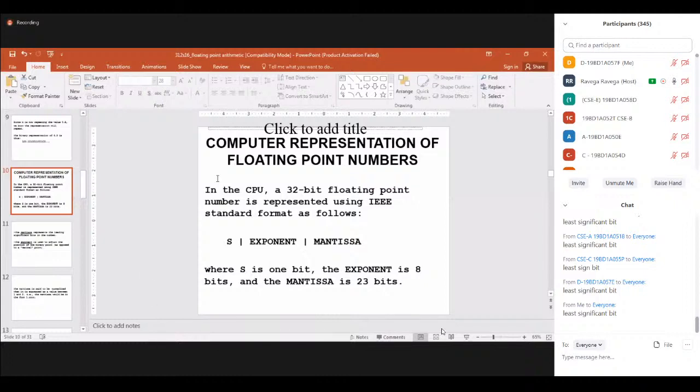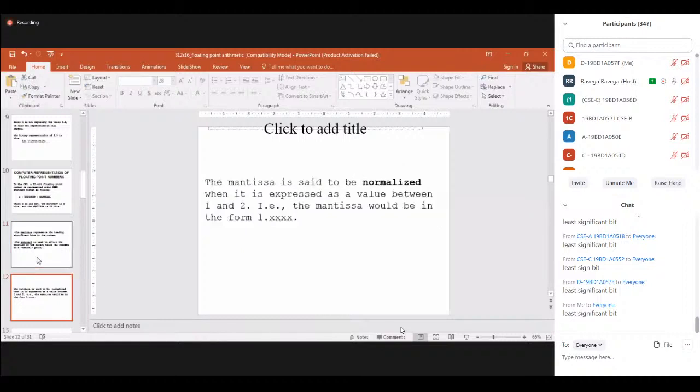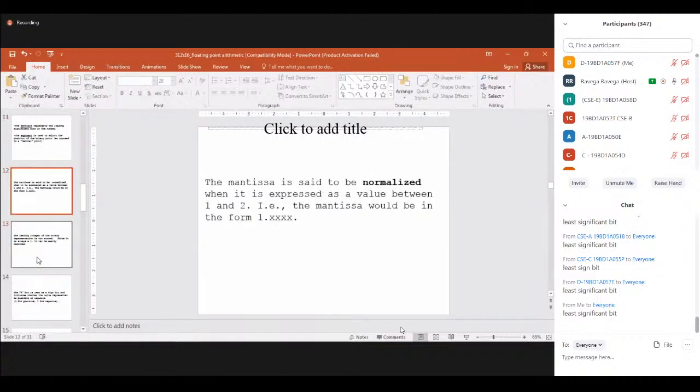S is only 1 bit in size, the exponent is 8 bits, and the mantissa is 23 bits. The mantissa is in the format 1.xxxxx, where the x are fractional bits. The leading integer of the binary representation is not stored because it is always a 1.